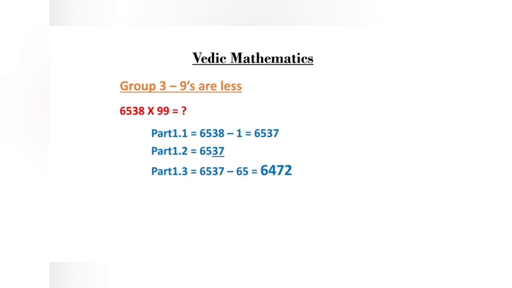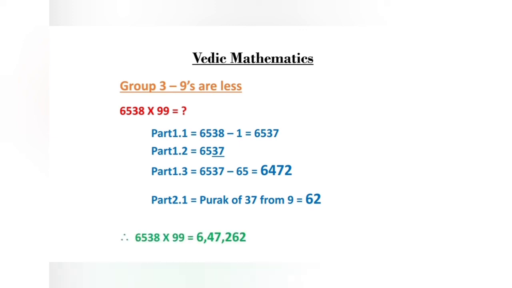Step 3: deducting the non-underlined, or excess, number from the Ekanyunya value, that is 6537 minus 65 equals 6472. And part 2 is Puraka of 37 from 9, which is 62. So the answer is 647262.